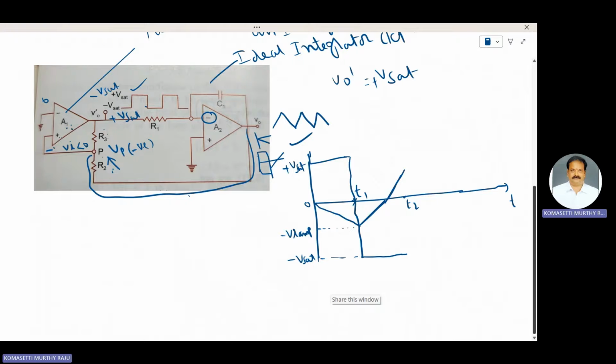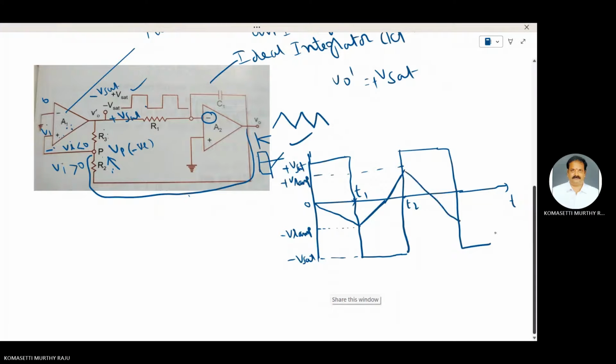The cycle repeats and generates a triangular waveform, like that.